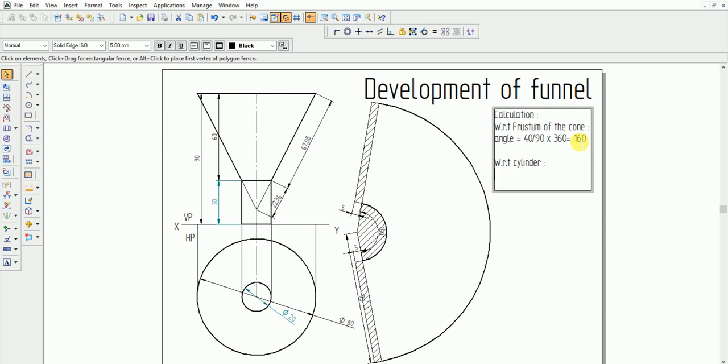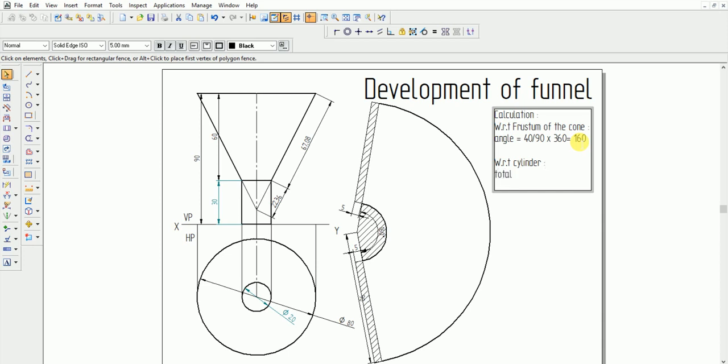In the case of the cylinder, what happens is, the length, that is the circumference of the cylinder of radius 10 mm, is 63 mm. That is, we get 62.8, which can be 63 mm.